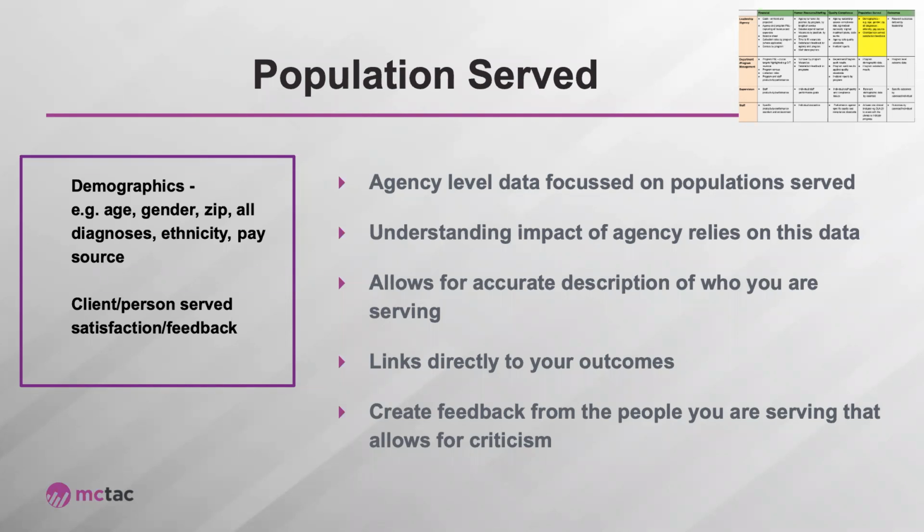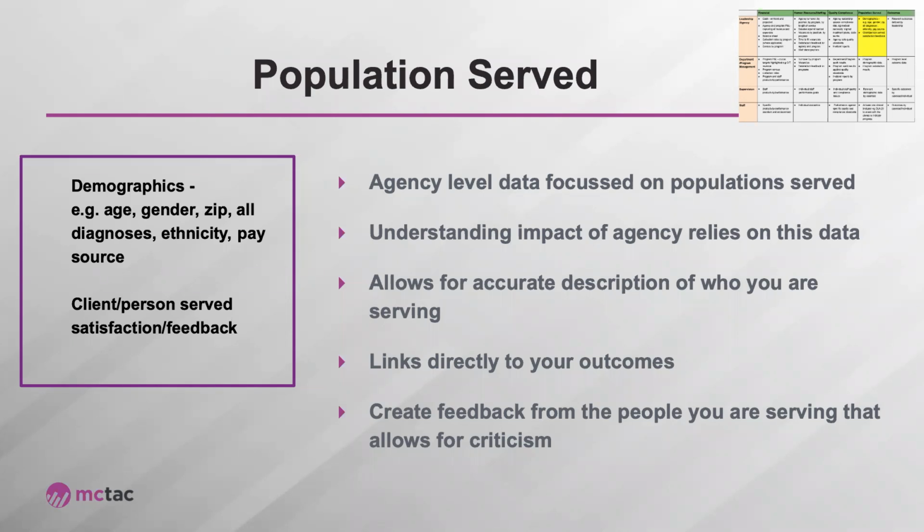So every agency provides services to individuals. But at an agency level, I think it's important to understand the impact on not just the individual, but cohorts or populations that you're serving. So it's having data that enables you to understand who the people are you're serving.